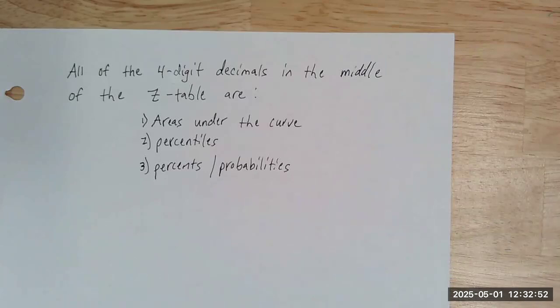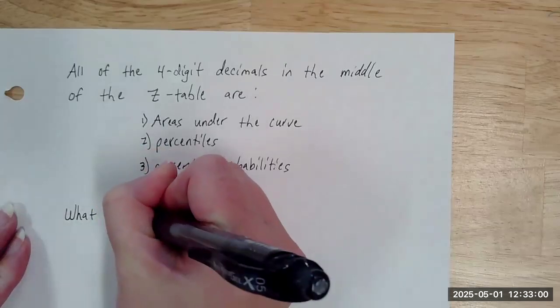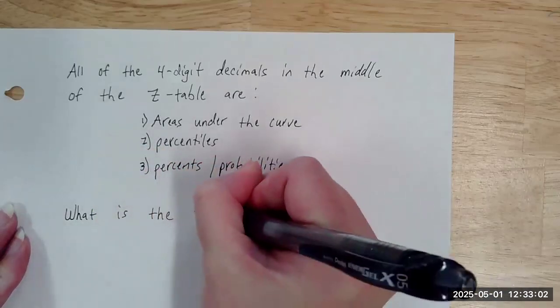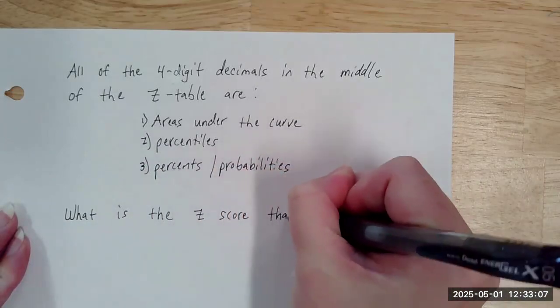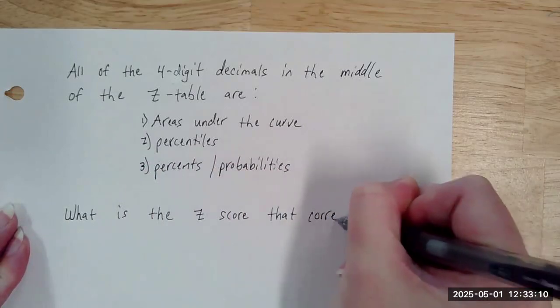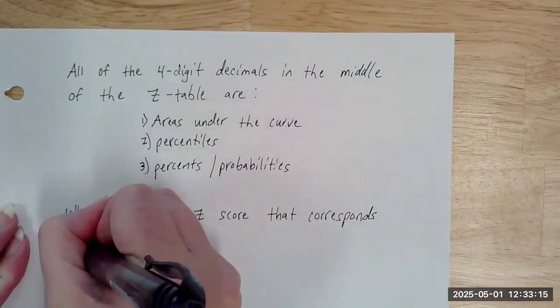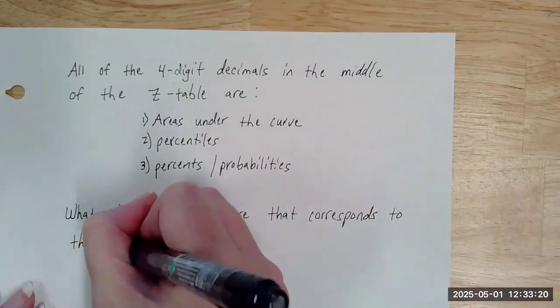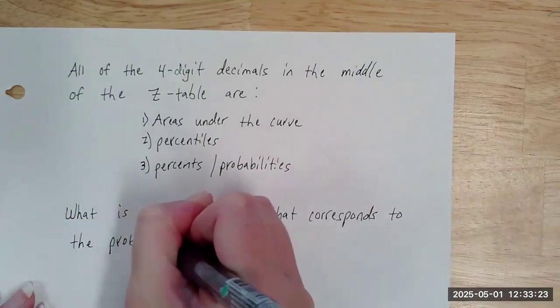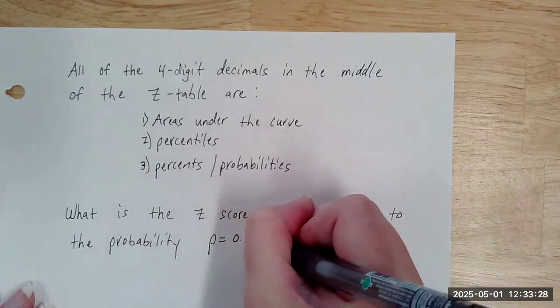Okay, so using that idea, what is the Z-score that corresponds to the probability P is equal to 0.25?